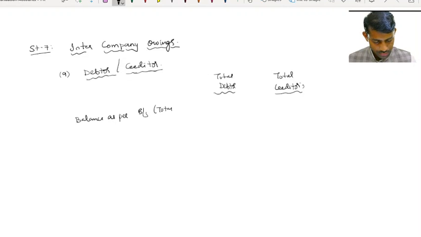Total debtors, it is 60 plus 225, sorry, it is 2,80,000. Total creditors is 3,60,000. The intercompany owing is 25,000. So in that 3,60,000, what is less mutual owings?